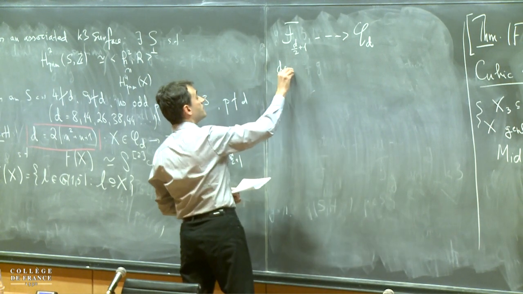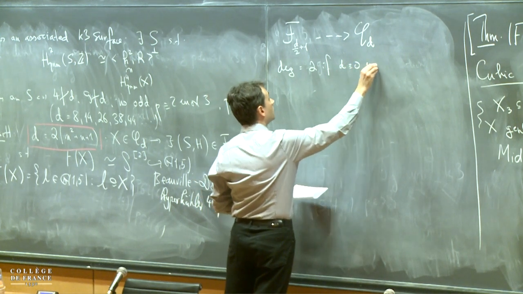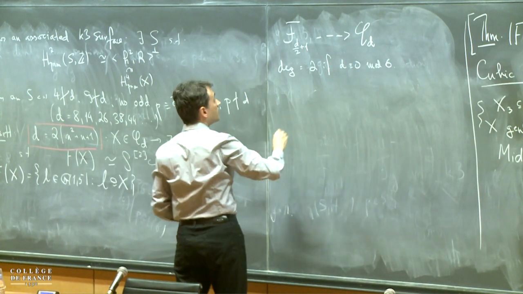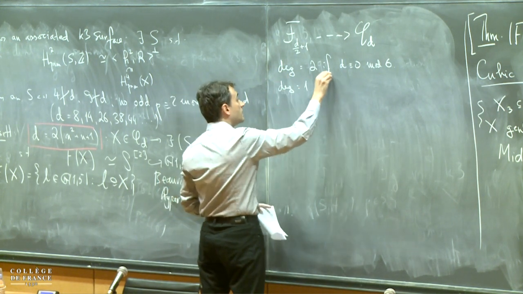So the degree of this map is 2 if D is congruent to 0 mod 6, and in fact it's of degree 1, so a birational isomorphism, if D is congruent to 2 mod 6.